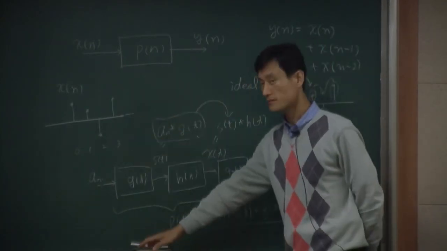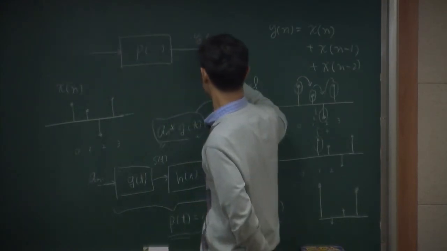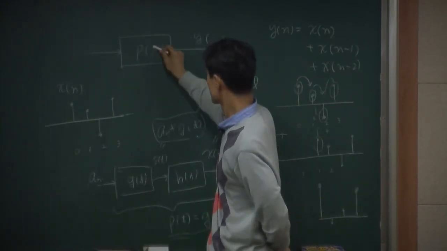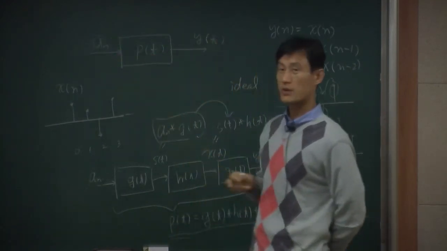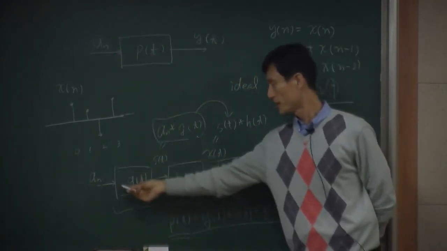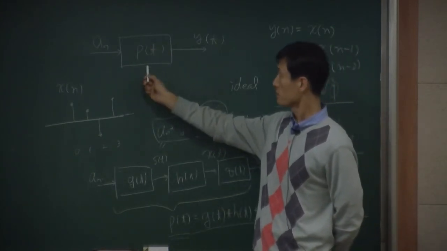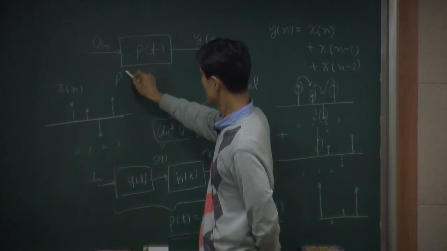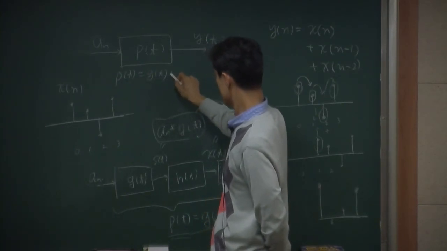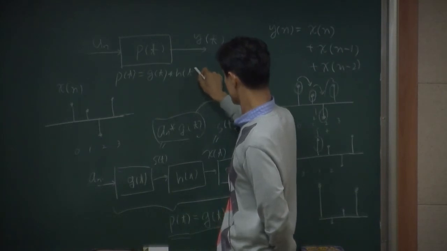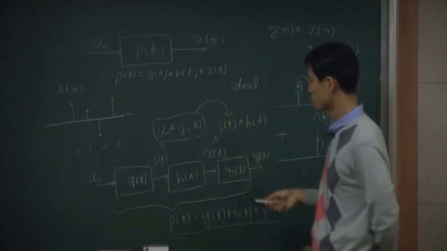Like this. What we are doing here is we just make it this way. Group all of them together and make one block like PT. But PT actually is this one.